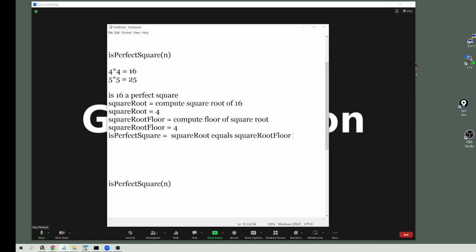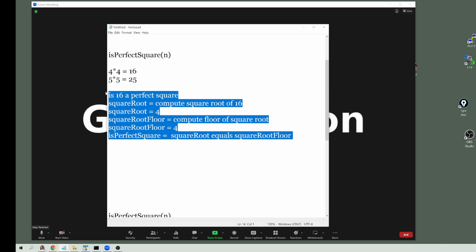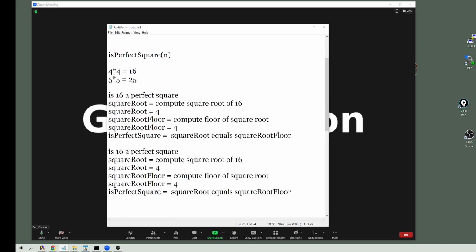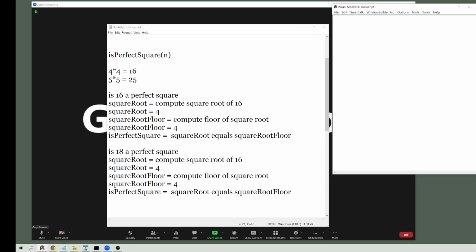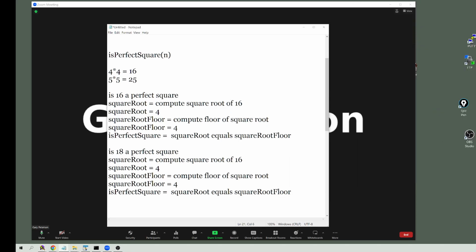Let's try 18. We know that 18 is not a square. We're going to use the same algorithm here. I'm going to copy that. Same algorithm. Is 18 a perfect square? First off, let's compute the square root of 18. Square root of 18 is 4.24.